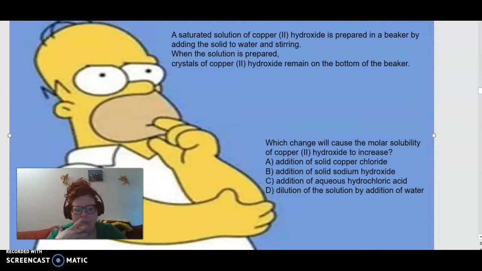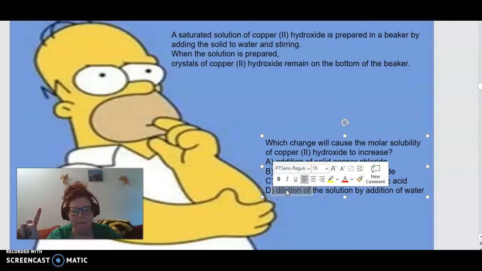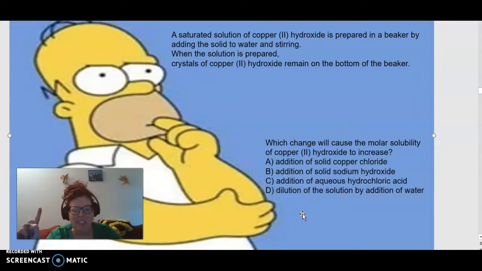So my question is, do you want to add more copper hydroxide? No. Do you want to dilute it? No, we're not trying to dilute it. We want to dissolve the copper hydroxide. Guess how we're going to do that?